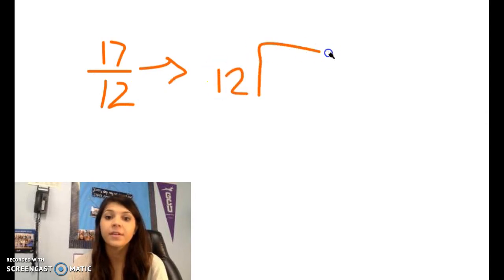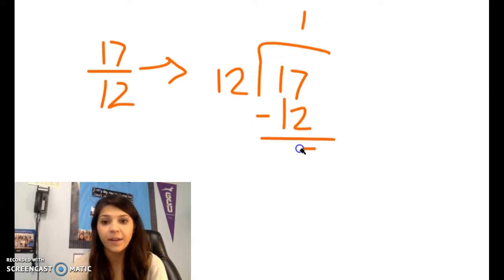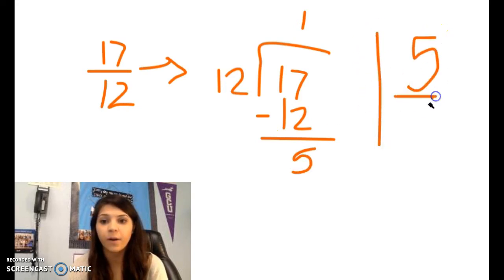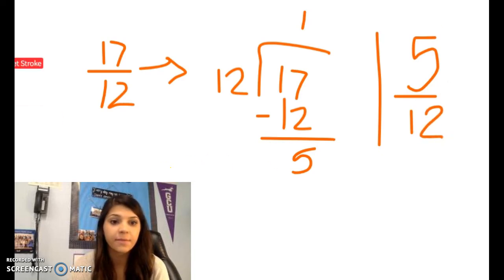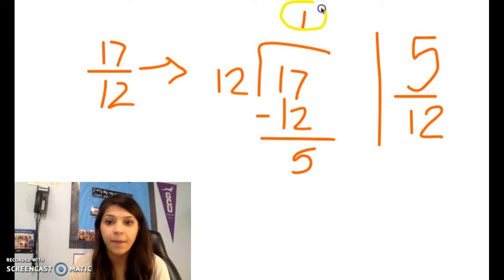So 12, 17. So 12 goes into 17 one time. After that, I subtract 12 and I get the remainder 5. So my new answer will be 1 and 5 twelfths, because I have to make sure that all these numbers match up in this order. The number on top will then become my whole number, which is right here.